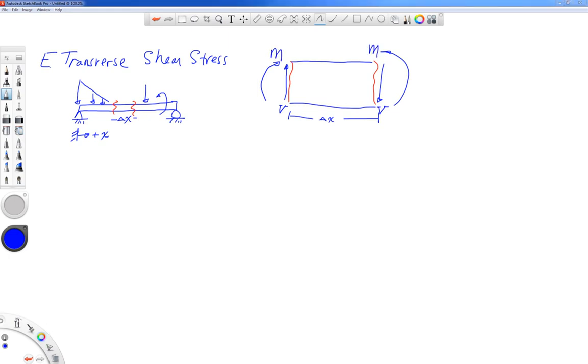Let's look at a little spot on the side of this beam. I'll draw a little square. That's a stress block or a stress element. And I know from last time how to calculate the axial, flexural, or bending stress in the beam. I use the formula sigma is equal to My over I for the magnitude of the stress.